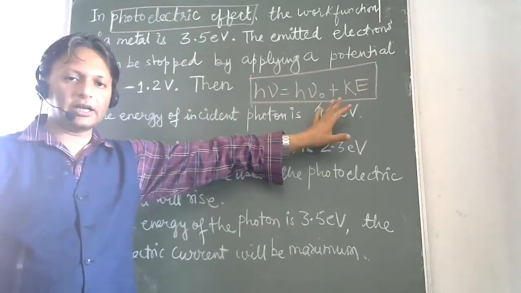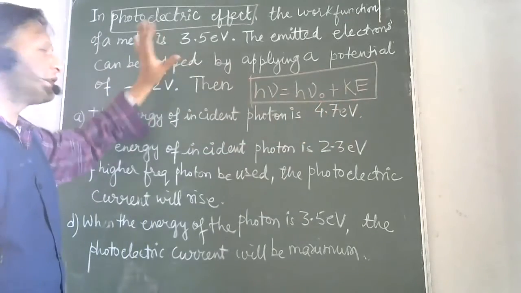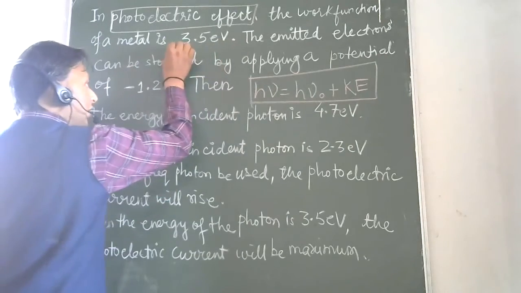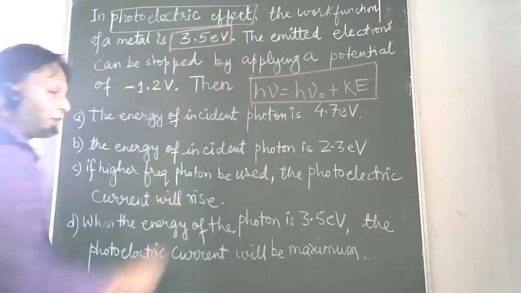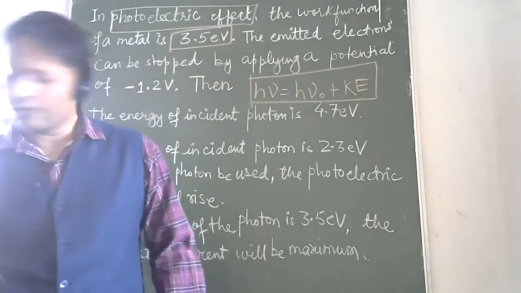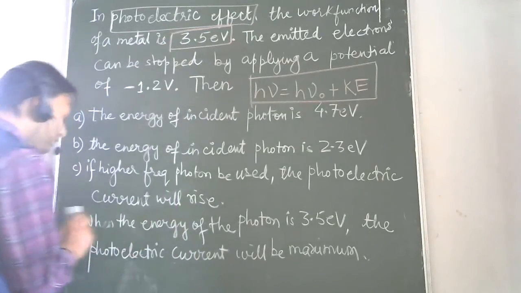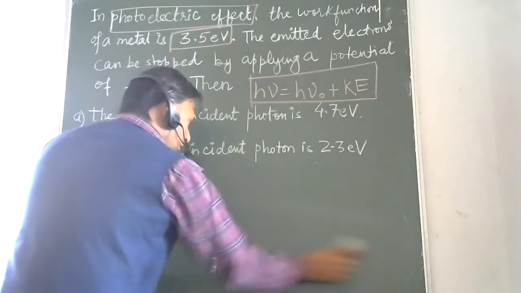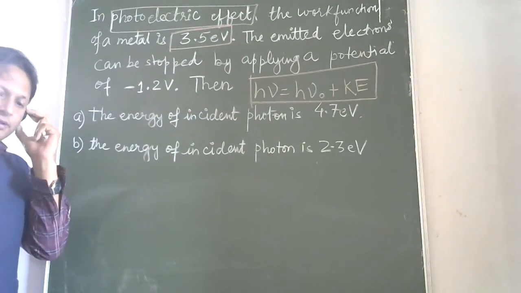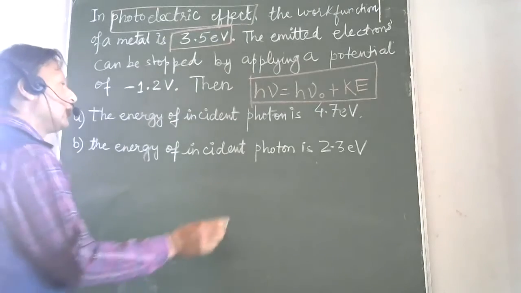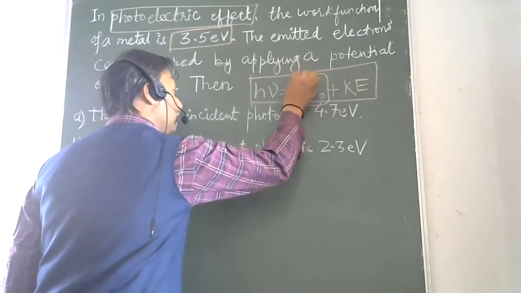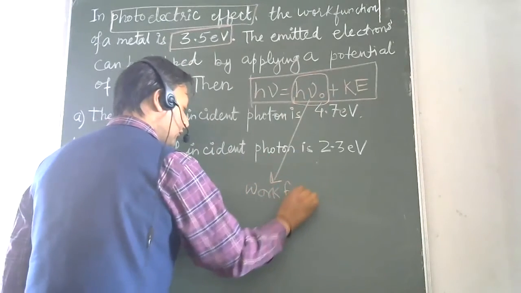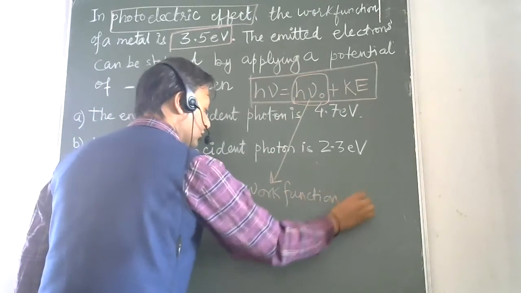So what does this kinetic energy belong to here? What other things can we extract from this numerical? The work function is given as 3.5 electron volts. So 3.5 electron volts is nothing but the work function. Here I am just rubbing out these two options to make some space on this board. So this term written over here is nothing but the work function, that we also represent by phi naught.